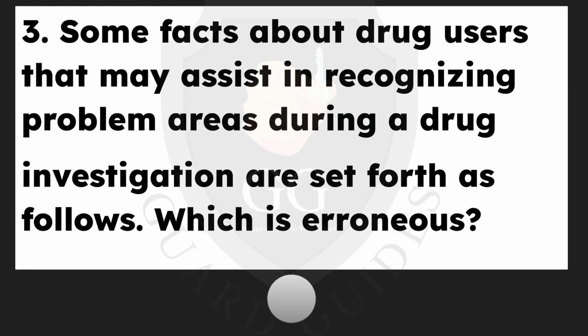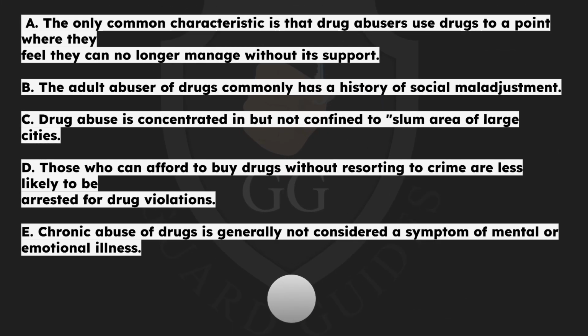Number 3. Some facts about drug users that may assist in recognizing problem areas during a drug investigation are set forth as follows. Which is erroneous? A. The only common characteristic is that drug abusers use drugs to a point where they feel they can no longer manage without its support. B. The adult abuser of drugs commonly has a history of social maladjustment.